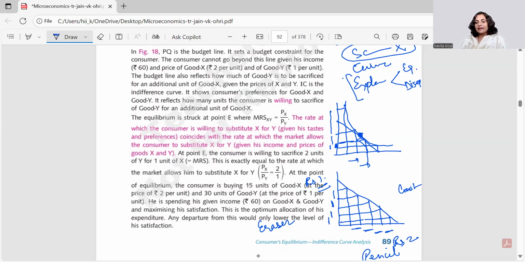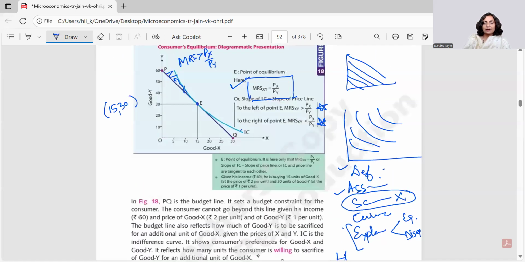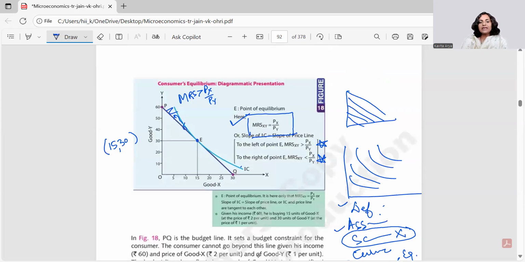But here the sacrifice of y for x is less. So what is the situation? The situation above E is this, and the situation below E is MRS is less than Px by Py.